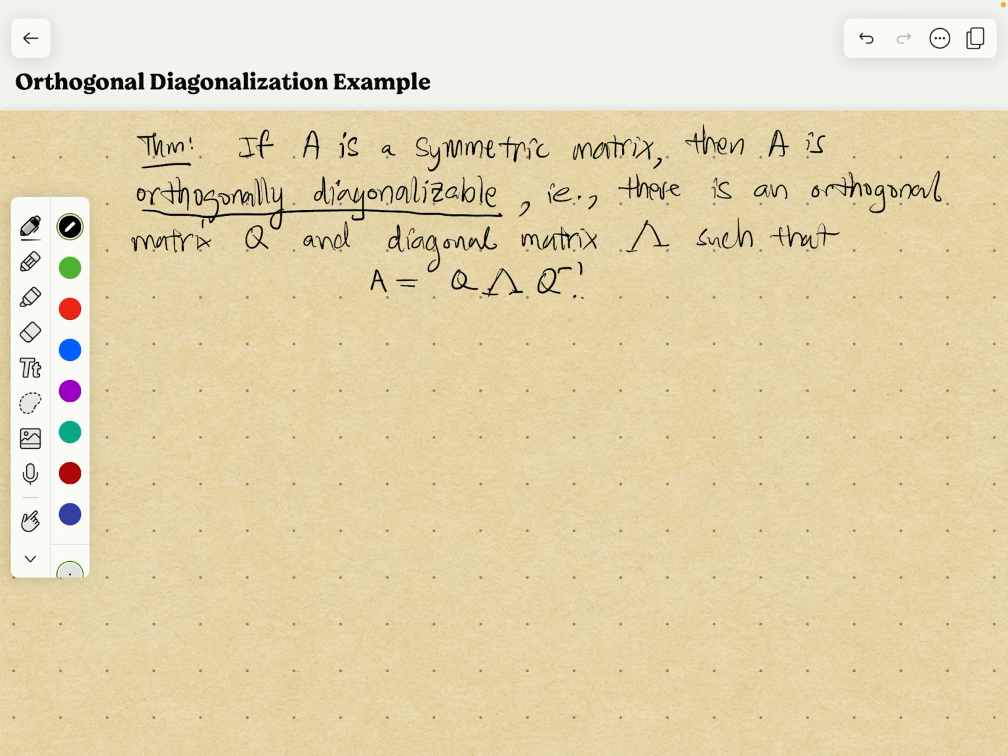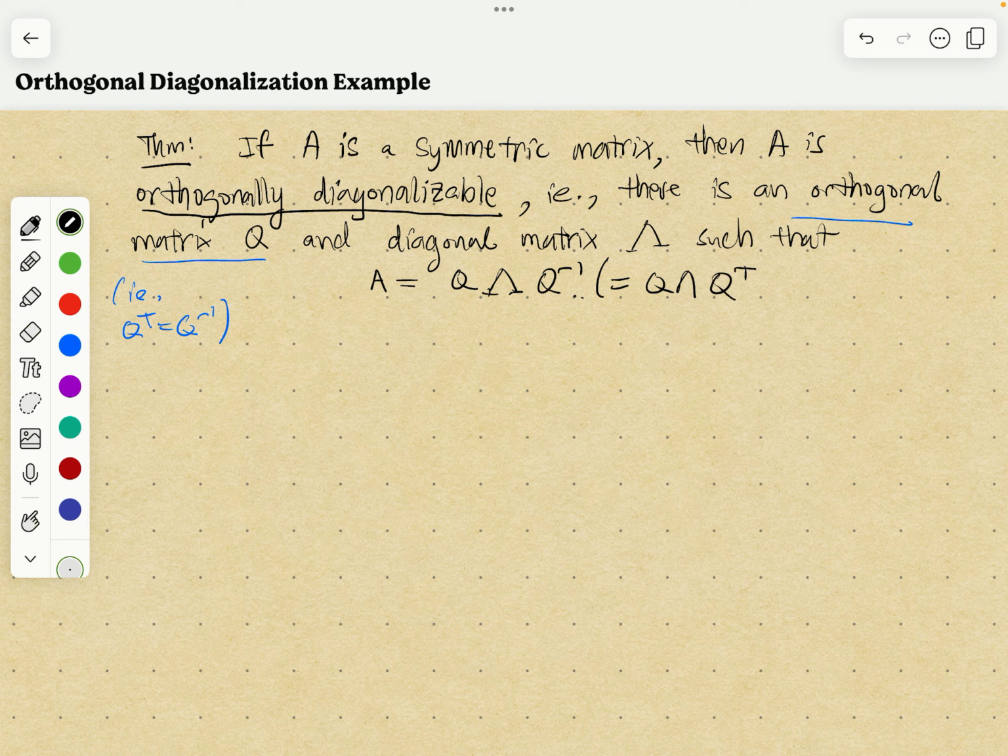Let's recall that an orthogonal matrix is a matrix that's invertible and also its transpose is equal to its inverse. So I could also have written Q lambda Q inverse as Q lambda Q transpose, because Q inverse is equal to Q transpose.